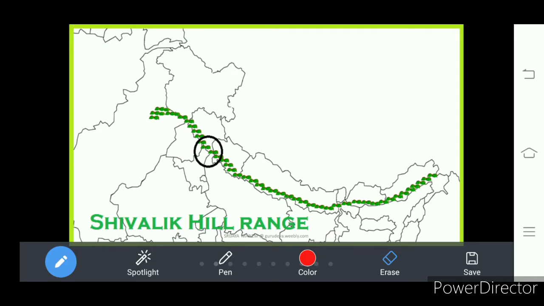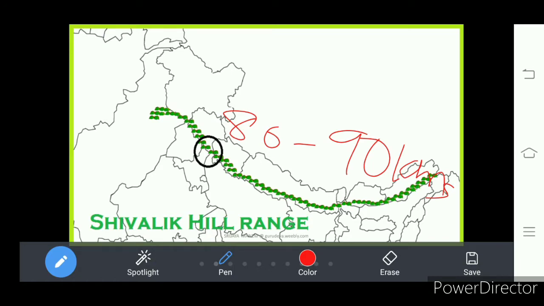There is a gap of 80 to 90 kilometers. How much? 80 to 90 kilometers gap in this Shivalik range.